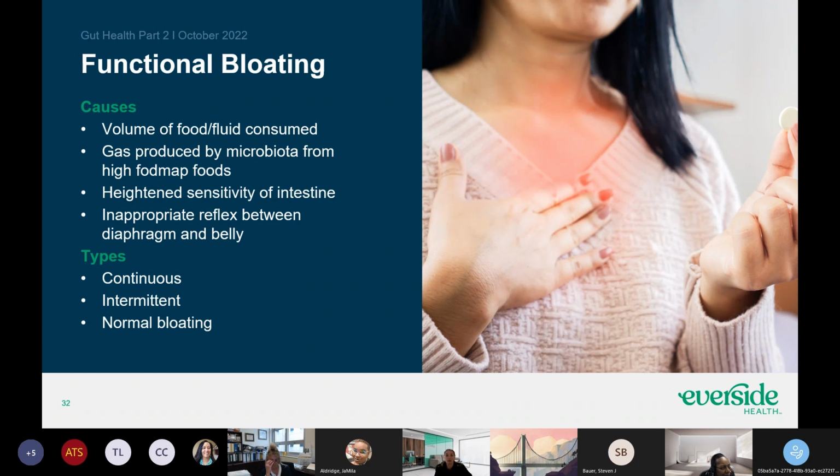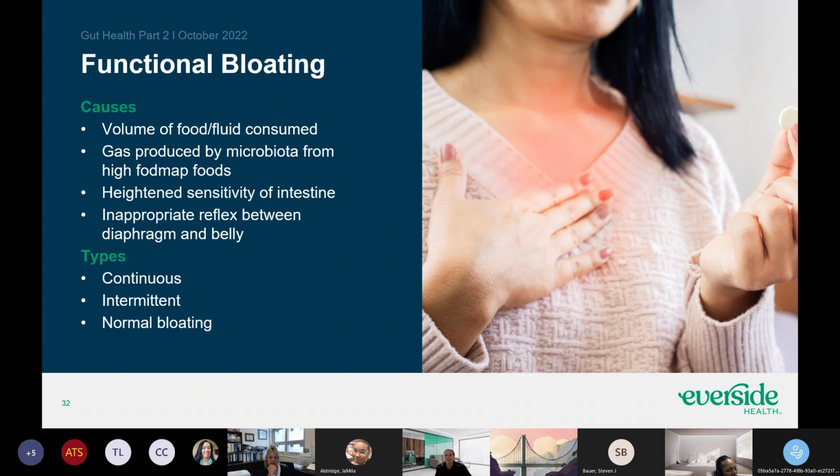A large volume of food or fluid consumed can lead to bloating. Gas produced from the microbiota, from those more fermentable foods. Heightened sensitivity of the intestines can cause some bloating. Reflux between the diaphragm and the belly. So as you breathe, the diaphragm is supposed to come up and down. So it might not be synced quite right.